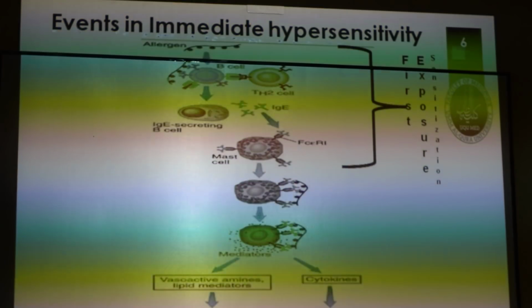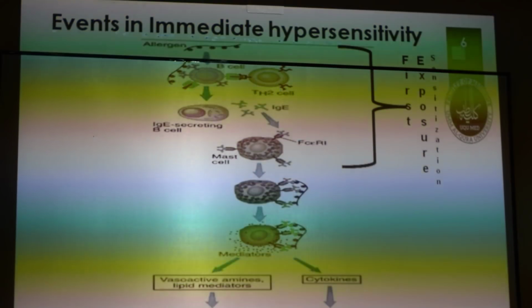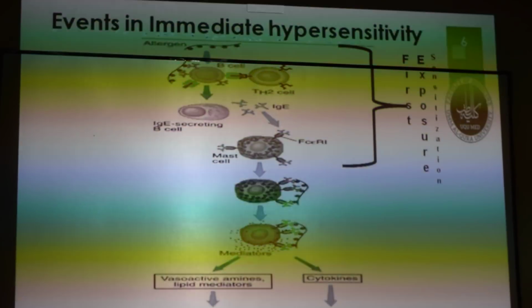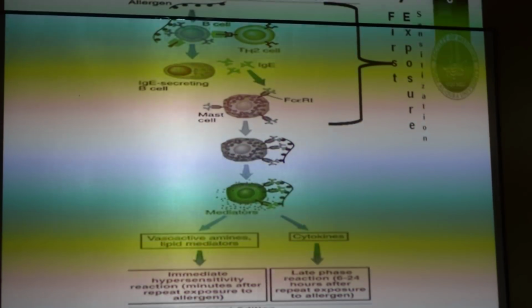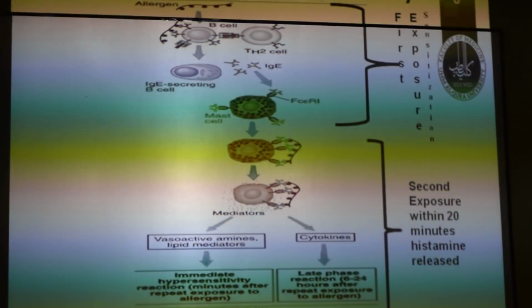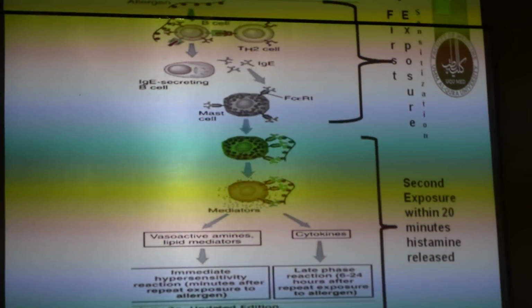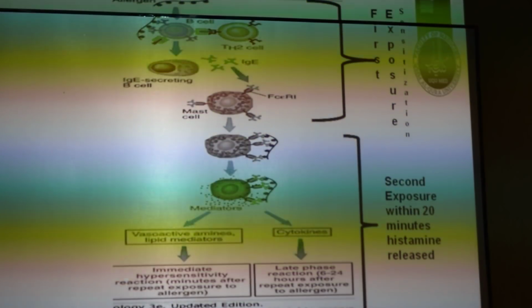Two groups of mediators are produced. One are histamine, bradykinin, immediate chemical mediators. Another group is late mediators. They will result in production of prostaglandins and cytokines. So after 20 minutes, histamine will be released, but late mediators will take around 6 to 24 hours.